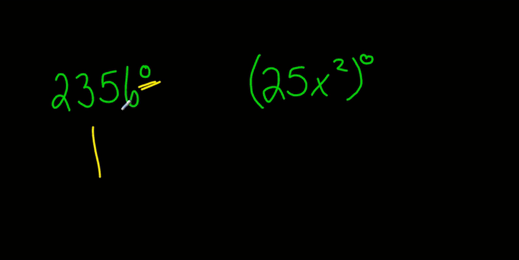It looks like 2,356 to the 0 power. Looks complicated. Ooh, not at all. It's just a 1. And so over here, when I have 25 times x squared, but then it's inside parentheses and it's taken to the 0 power, I go, woo! And I know it's just going to be a plain old 1. Pretty cool, pretty simple, dealing with the 0 power.